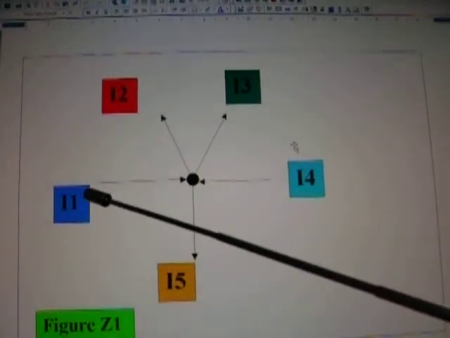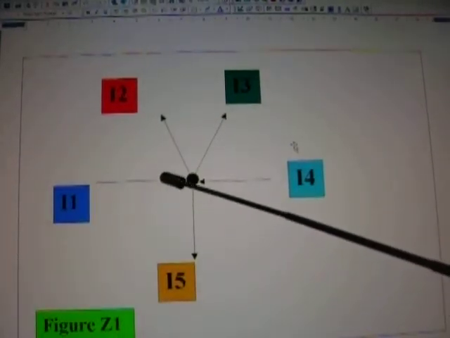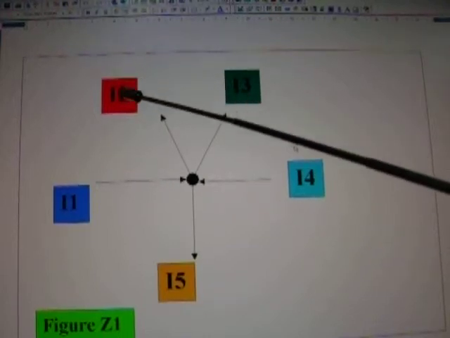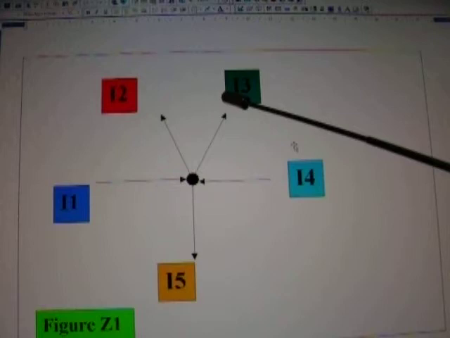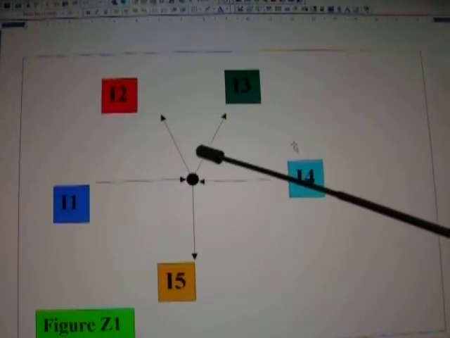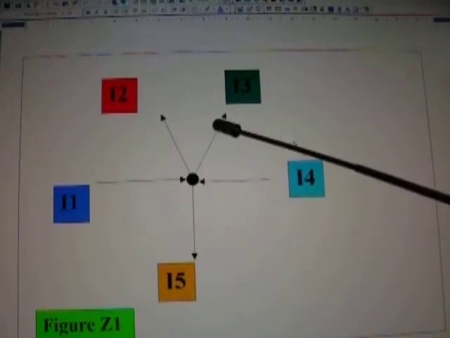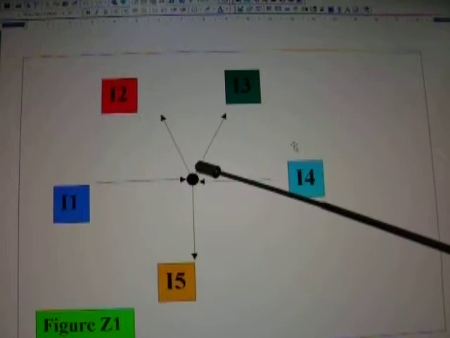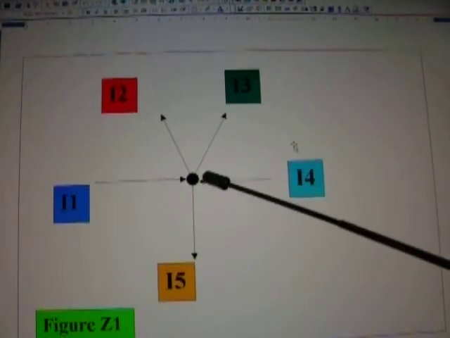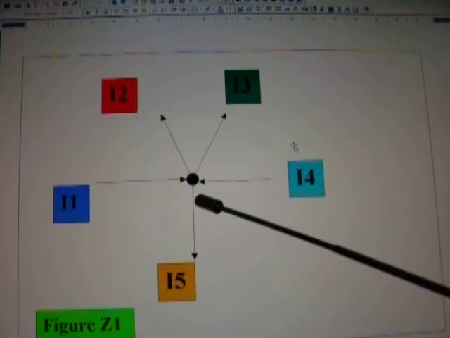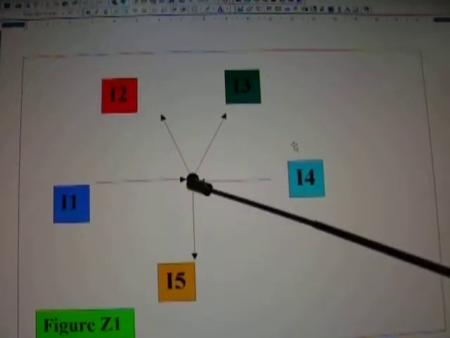In the case of I1, we have current going into the junction. In the case of I2, we have current leaving the junction. In I3, we have current leaving the junction. In I4, we have current coming into the junction, and in I5, we have current leaving the junction.